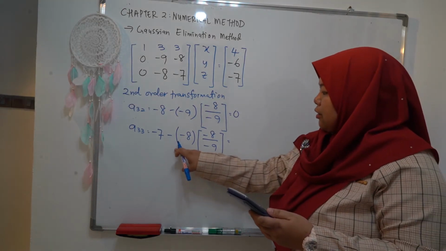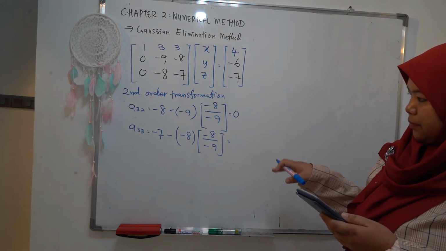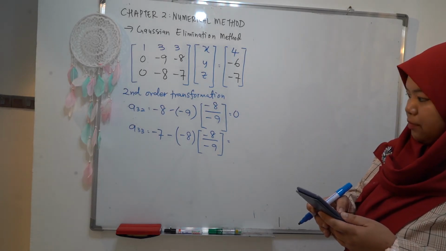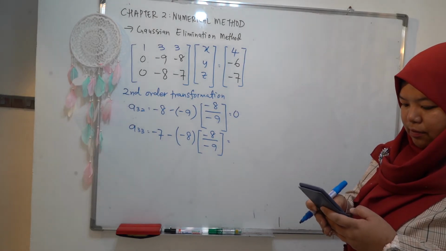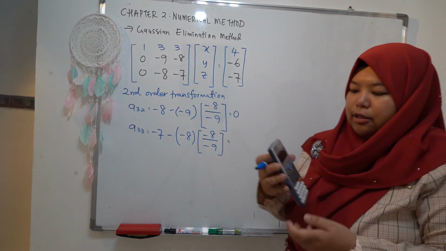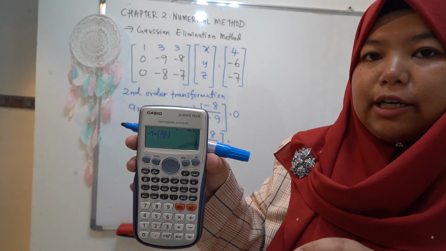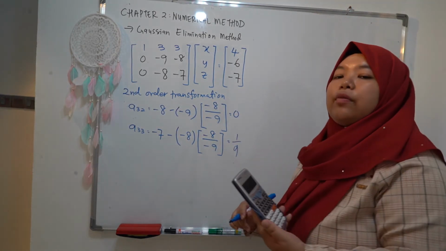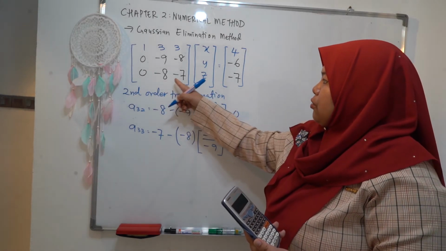So I calculate this one first. So I got here 1 over 9. So I'm done with A33.